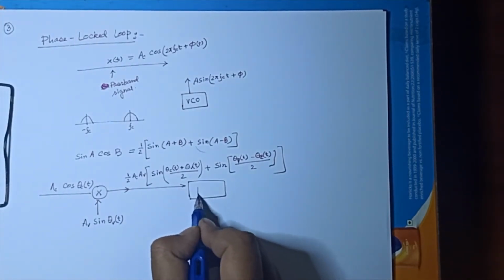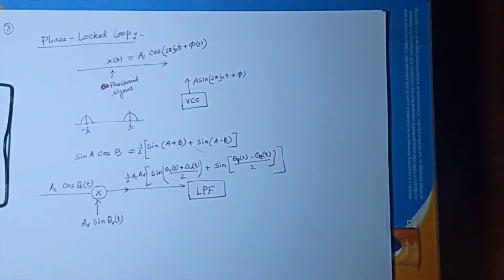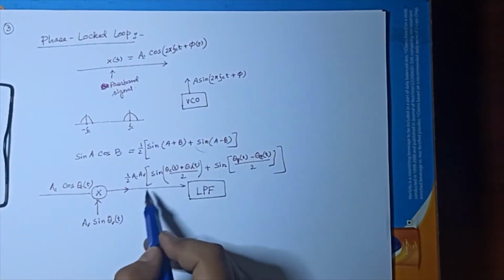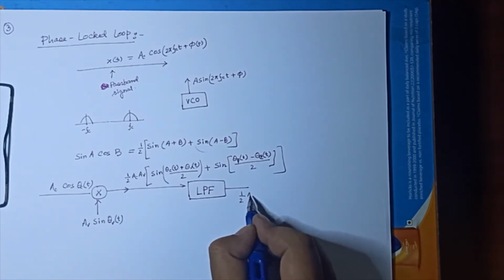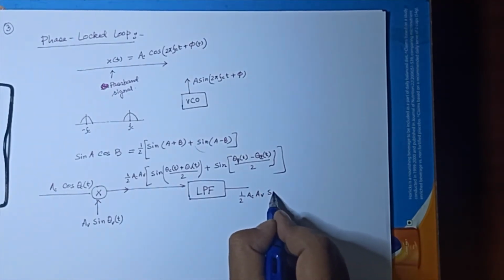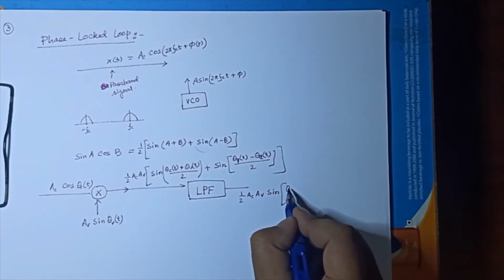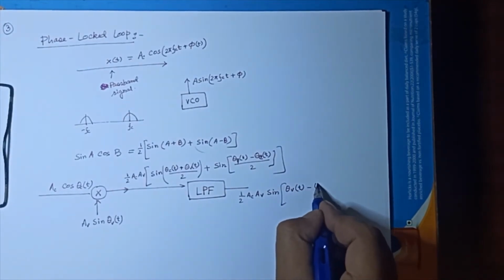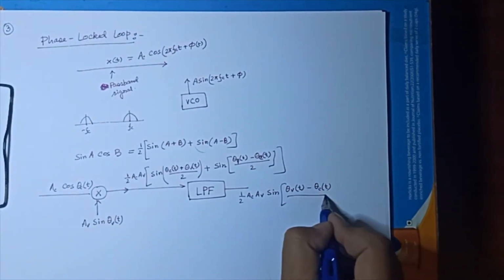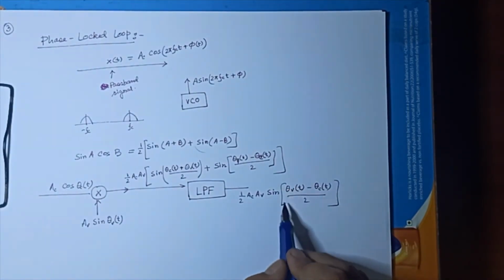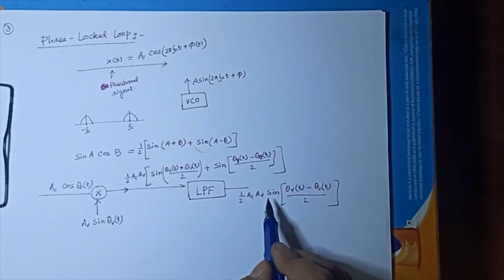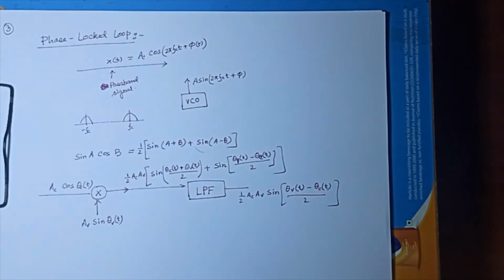If you pass it through a suitable low pass filter, this will get rid of the high frequency term. What you will get is half A_C A_V sin((θ_V - θ_C)) by 2. Our expectation is that if they are close, then this entire angle is very small, and you can drop the sin because sin ε is equal to ε.